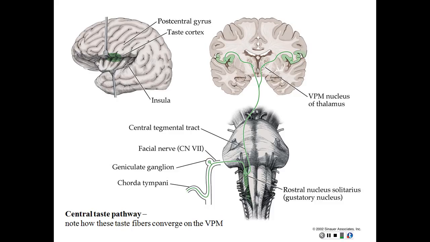But in this case, because taste is not something we need to localize in our mouth, left versus right, that's not important. It just projects onto both cortices. That just makes intuitive sense. We don't need to know that taste is coming from the left side of our tongue versus the right.